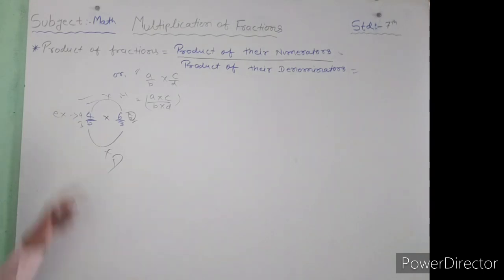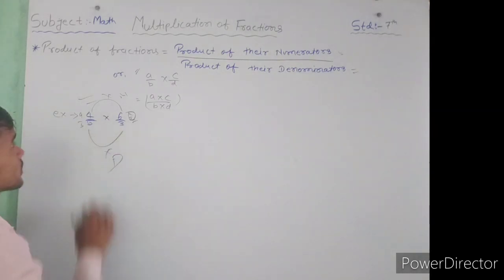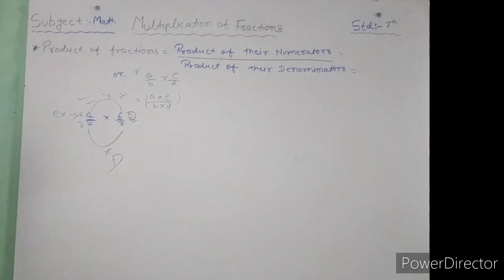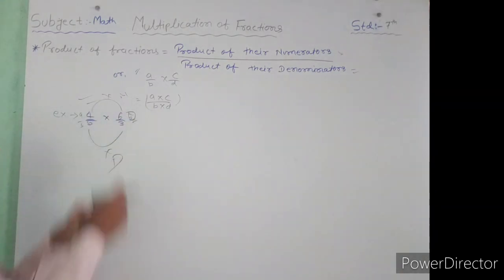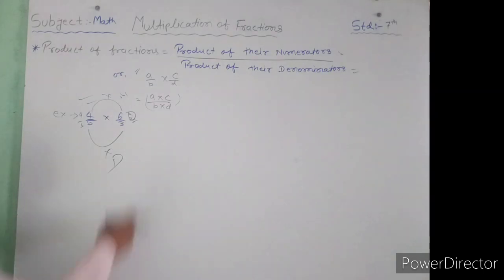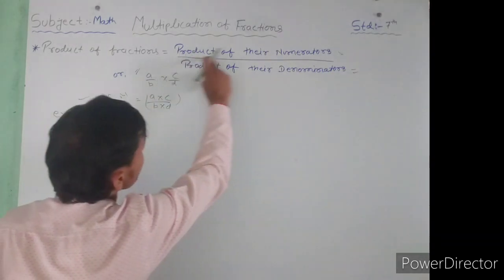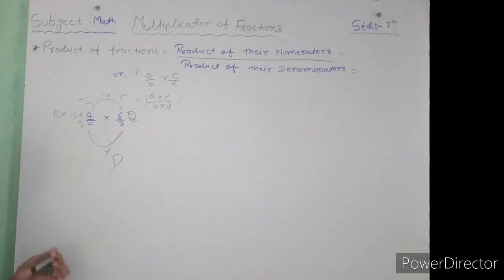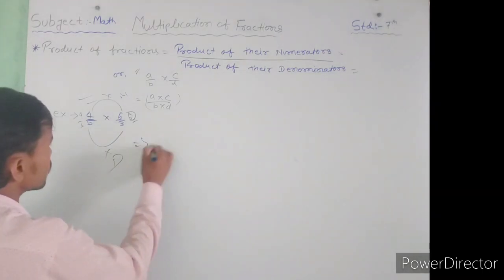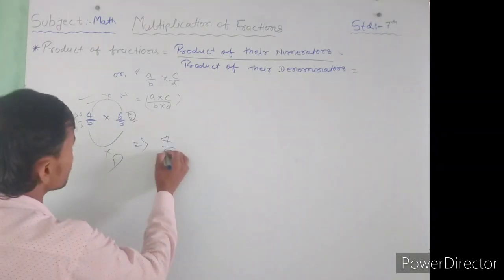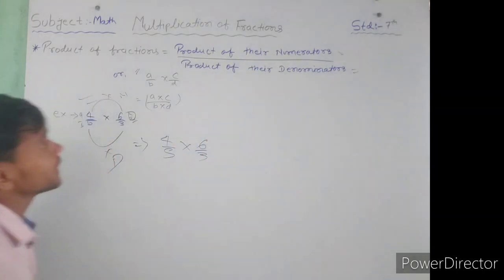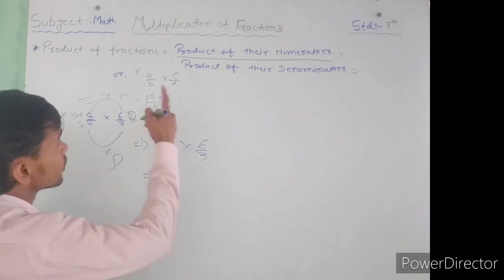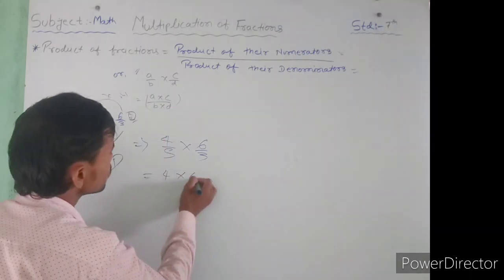Is that clear? So, my dear students, let us start the first example: 4 by 5 multiply 6 by 3. What is your rule? Product of their numerators: 4 into 6.